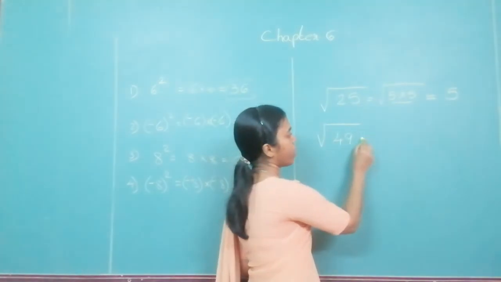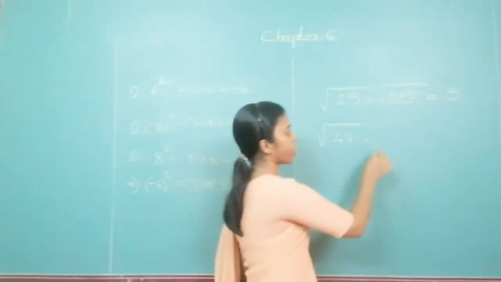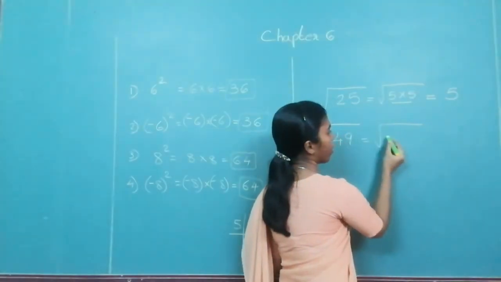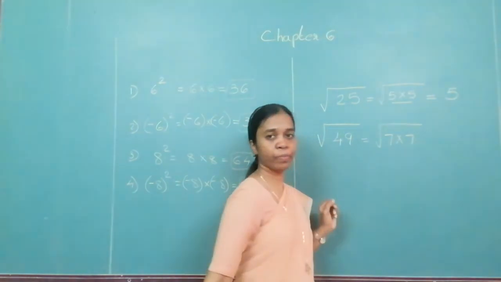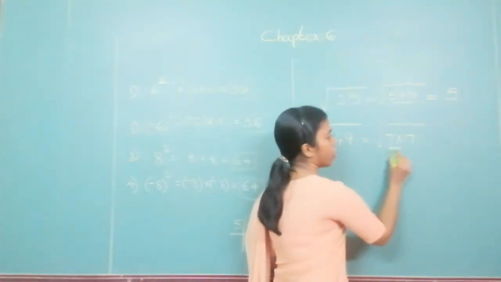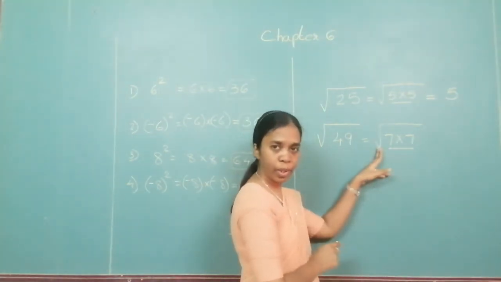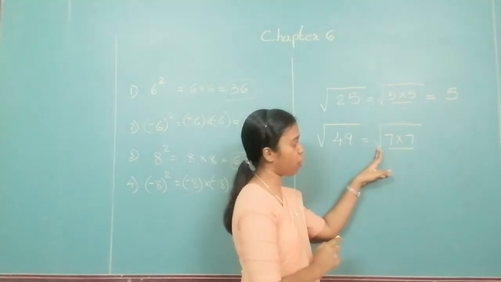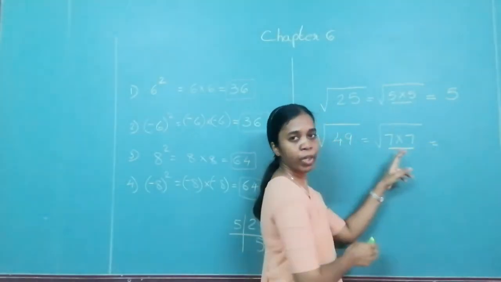Look at 49. What are the prime factors of 49? 7 into 7. Now, this is one pair. To get rid of the square root symbol, we have to take only one digit from the pair.